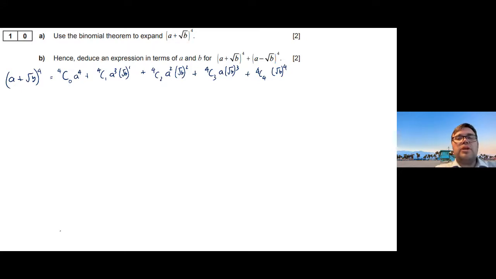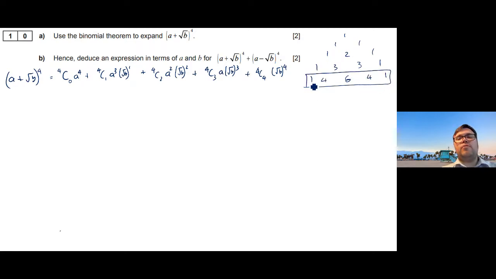You could also use Pascal's triangle, 1, 1, 1, 1, 2, 1, 1, 3, 3, 1, 1, 4, 6, 4, 1. So because it's to the power of 4, this then would be the coefficients.